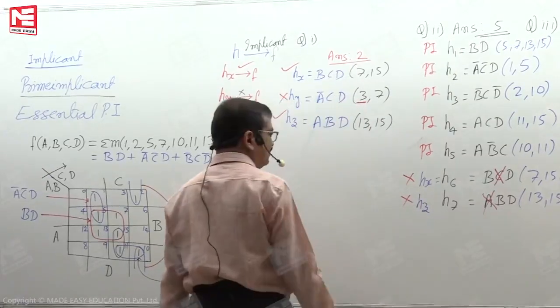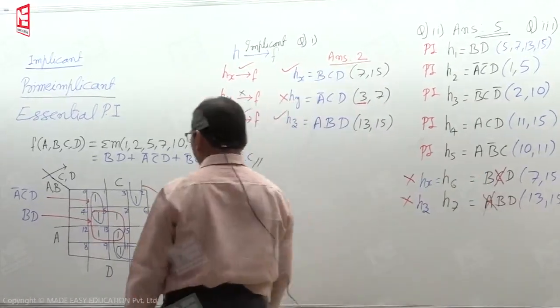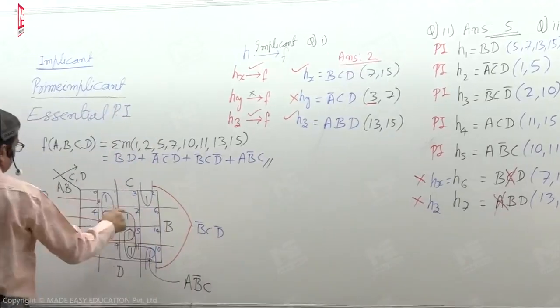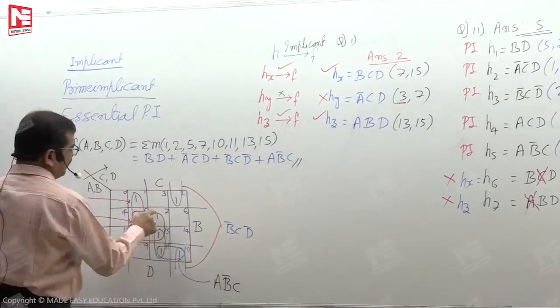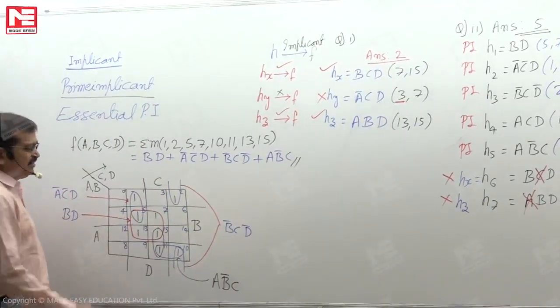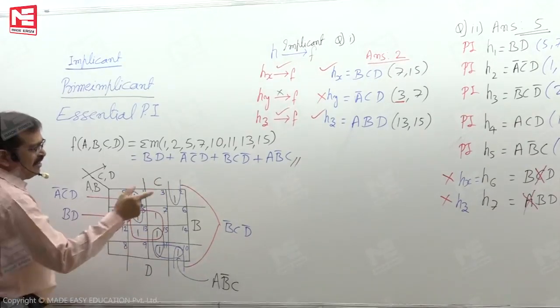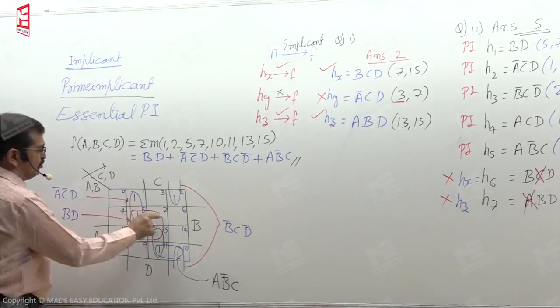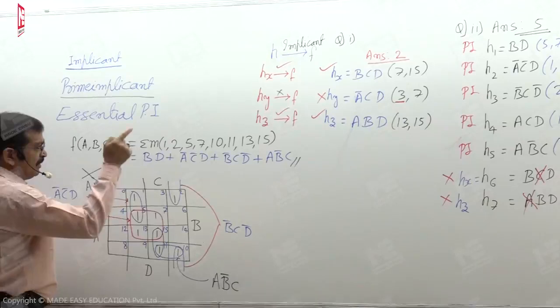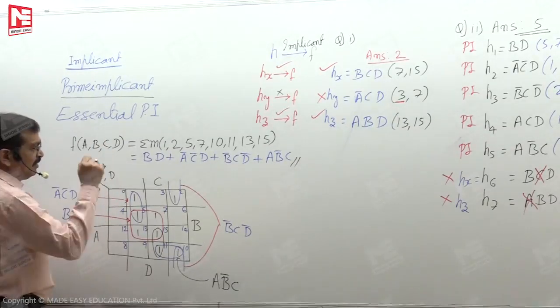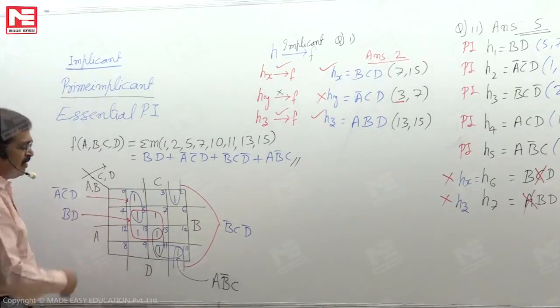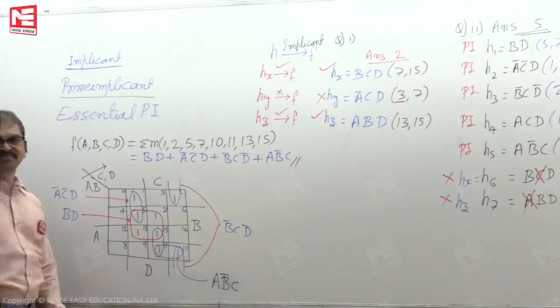But if you see this S6, 7, 15, this 7, 15 is coming to be part of the largest size subcube. This 7, 15, S6, S7, 13, 15 is coming to be part of the largest size subcube. But among the remaining, none of the subcubes are coming to be part of any other largest size subcube.